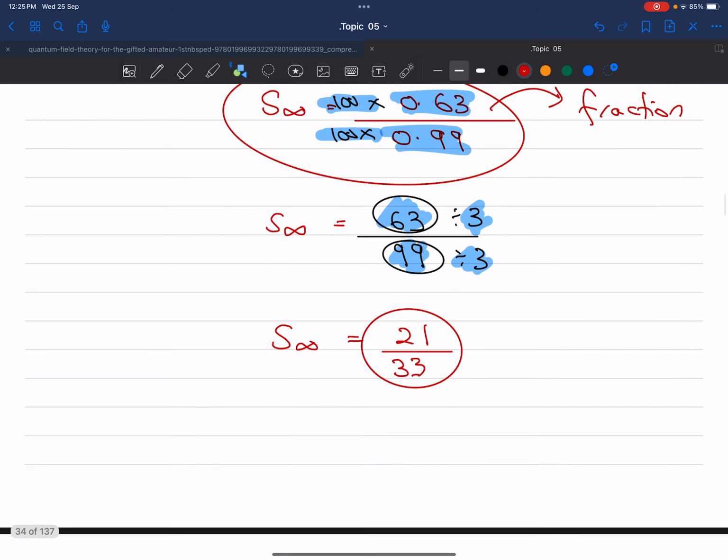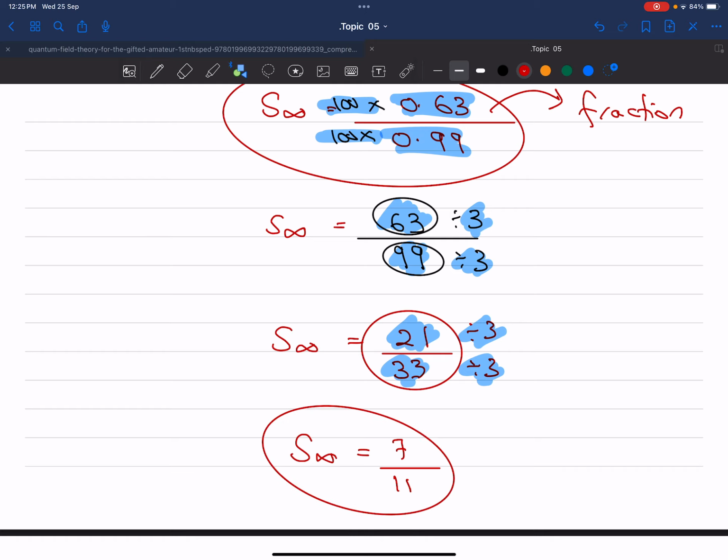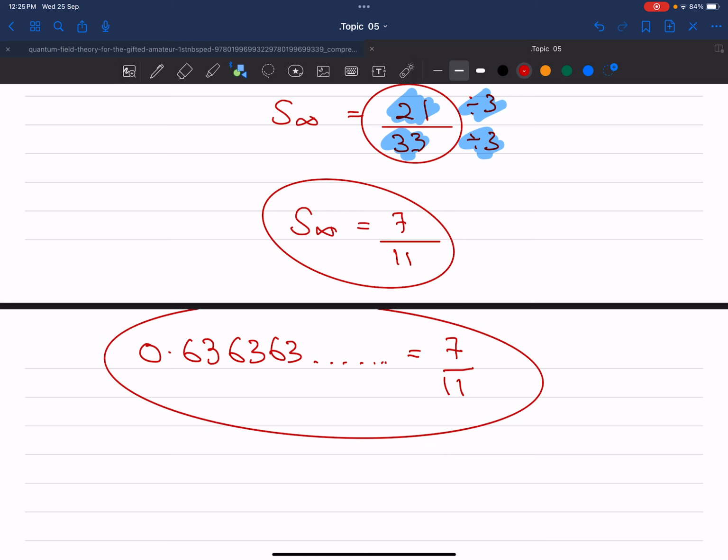Yes, I can divide by 3. Now I get my S infinity, 21 divided by 3 is 7 over 33 divided by 3, use the calculator, 11. You see, I've got my answer. This means that the fraction 0.636363 continue is the same as 7 over 11. This is our answer.